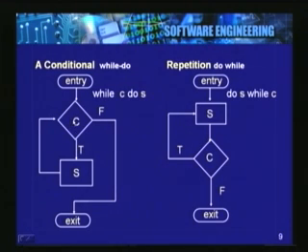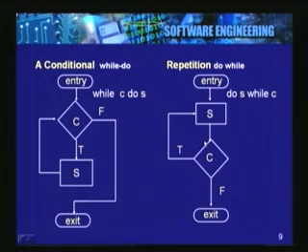So while C is true, you will be trapped in this loop repeating S, and S is going to change a variable that is a component of this condition C. When C evaluates to false, the control returns from this conditional statement. So you have this single exit from this structure. So you have this while do form with single entry and single exit.